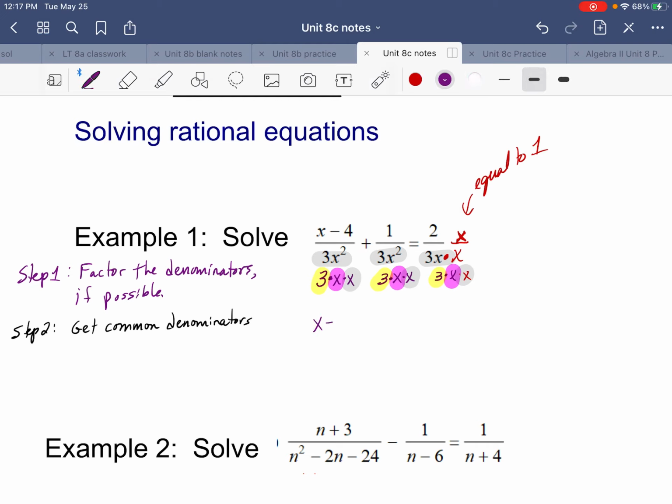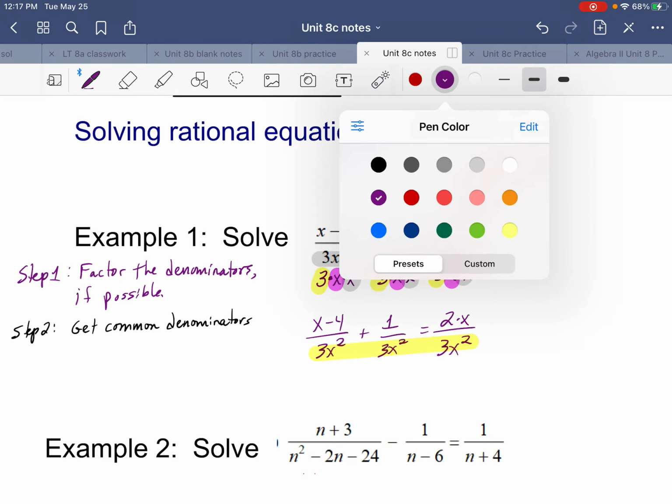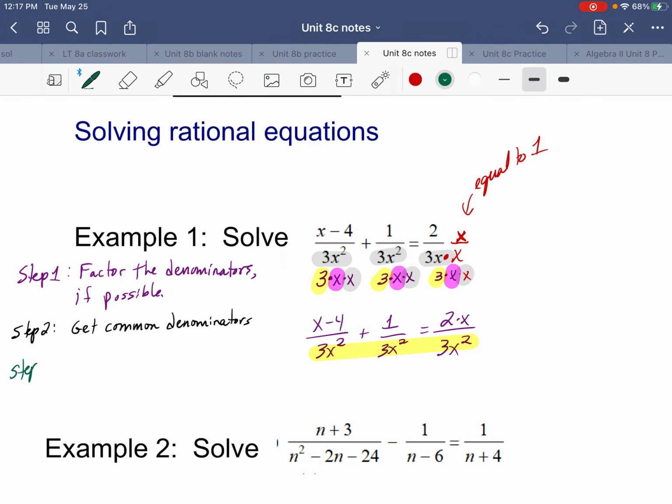So I have x minus 4 over 3x squared plus 1 over 3x squared equals 2x over 3x squared. So we have like denominators here. Awesome. All the same. The next step, pretty simple, is to drop the denominators.